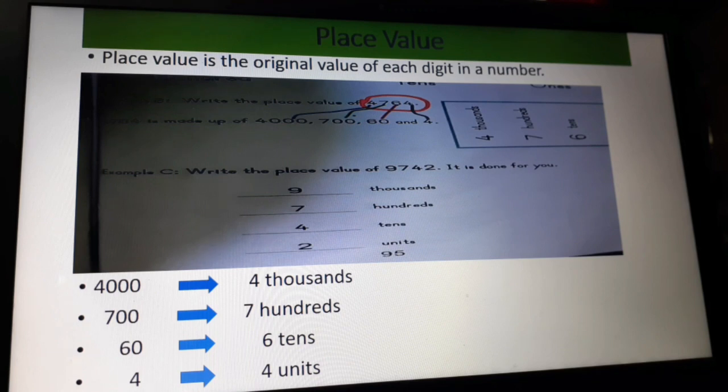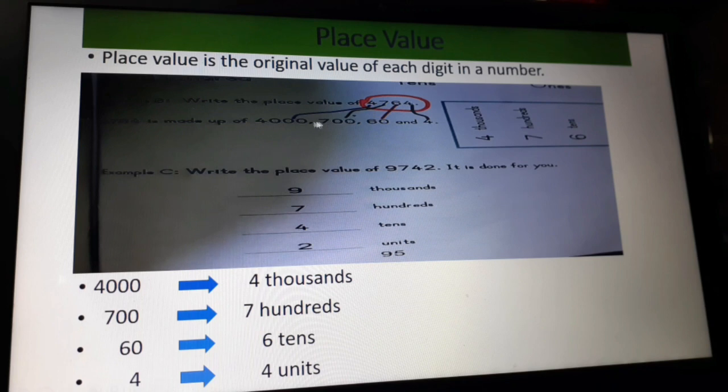Let's see. 4000. I have marked it. See, match it with your book. Follow the book and follow the class lecture also. 4000. Yes, 4000. The 4, the first digit from the left side.